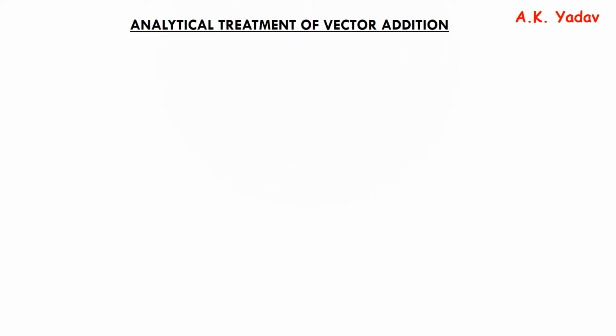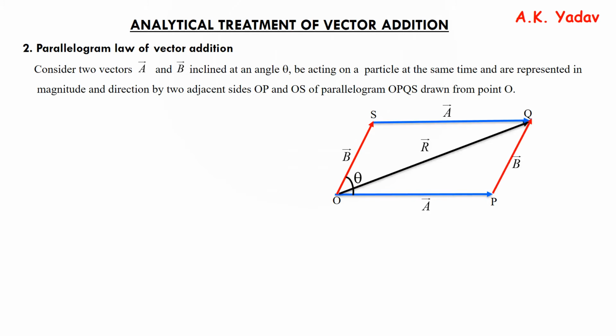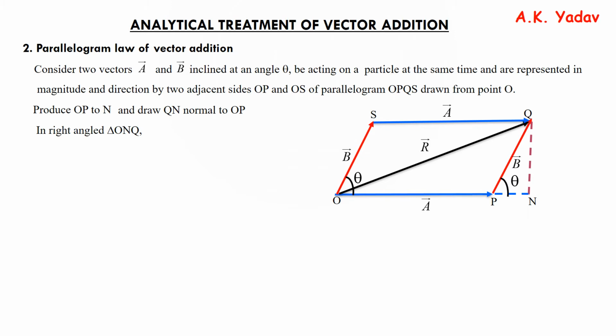Now let us do the analytical treatment of vector addition for the parallelogram law. So we have the two vectors A and B represented by the two sides of a parallelogram. The resultant is R, and the angle between the vectors is theta. Again we will produce OP to N, and we will draw QN perpendicular. Again we will take triangle ONQ and use the Pythagoras theorem.